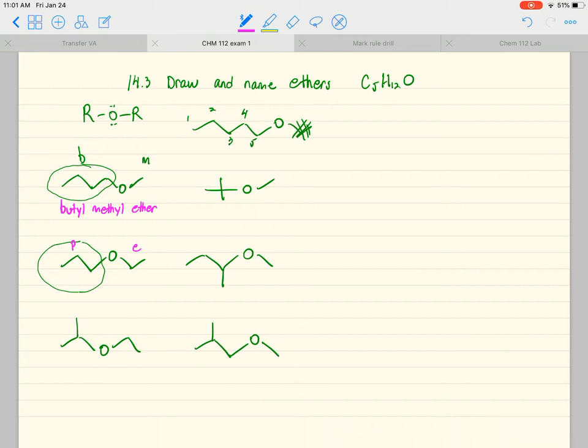So alphabetizing this, we would call this ethyl propyl. Misspelled that. Propyl ether. Okay. This guy right here is an isopropyl group, and this is an ethyl group. So ethyl isopropyl ether.